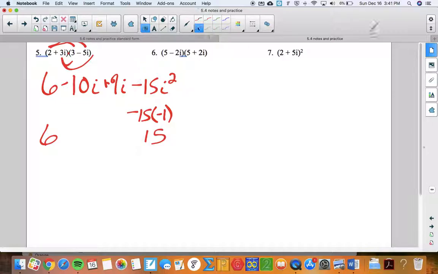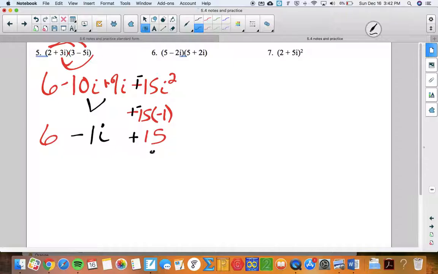Here, let me chop slash this. This is a -15i squared. Sorry, -15 times -1 is a positive 15, and I just keep bringing down this plus sign. And then here I get -1i, because I can combine -10i with positive 9i.